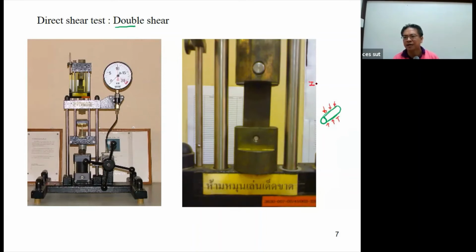So first, you measure the diameter D, and then you find the D average. From the D average, you can find the average area of this one.